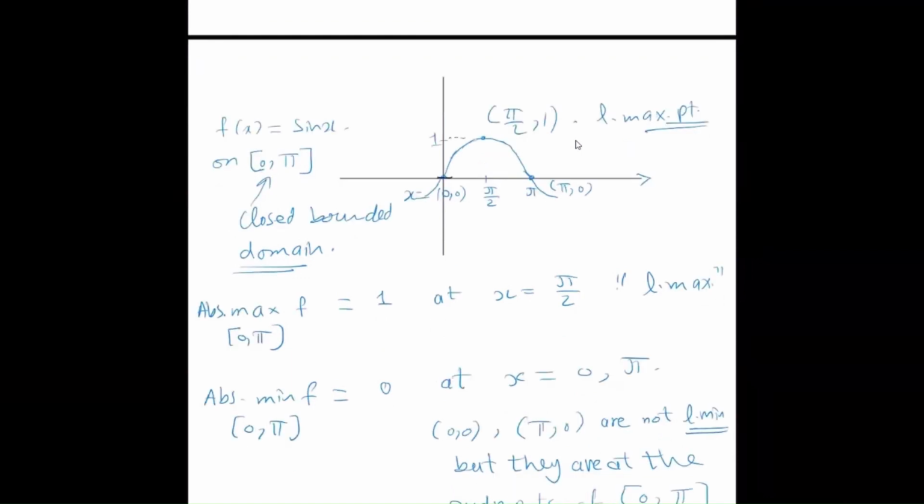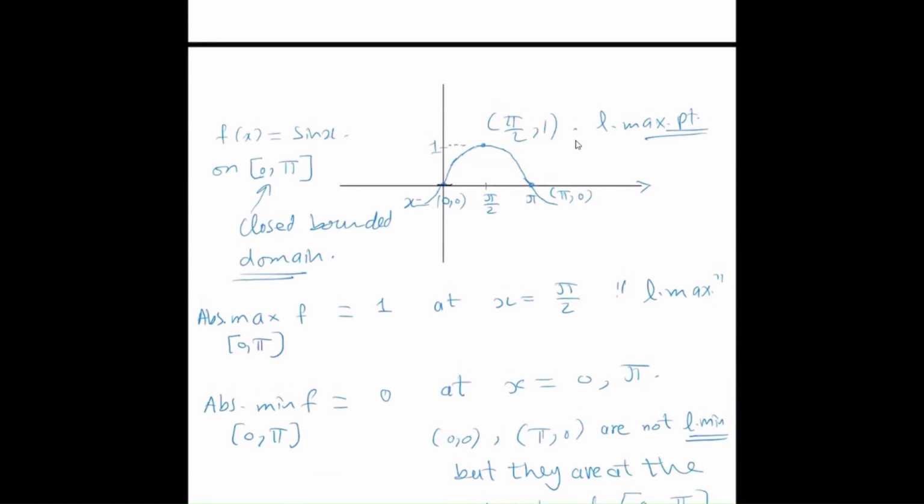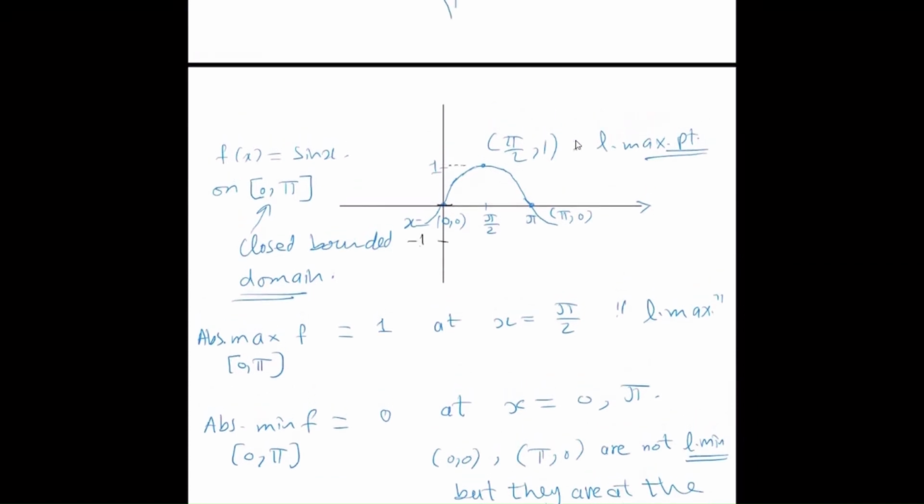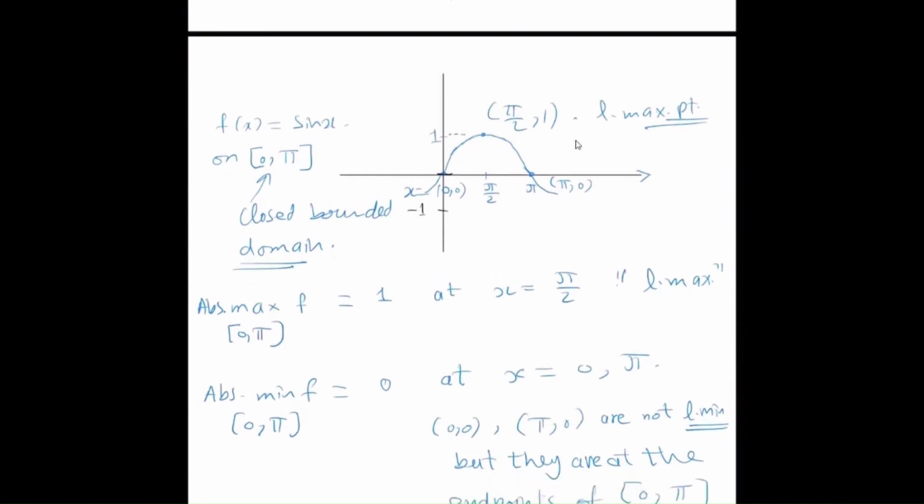If we continue and complete the graph, we can come to -1. Yes. Okay. This is a closed and bounded interval. If we restricted the domain to a closed bounded interval or domain, the maximum and the minimum may occur at points which are not local max or local min. Why may they be? They may be at the endpoints of the interval, the corners of the domain.